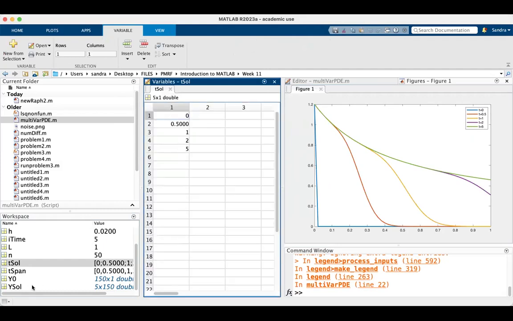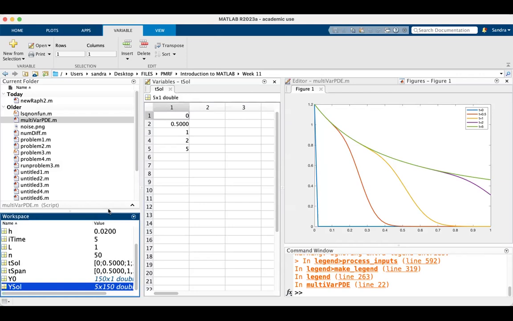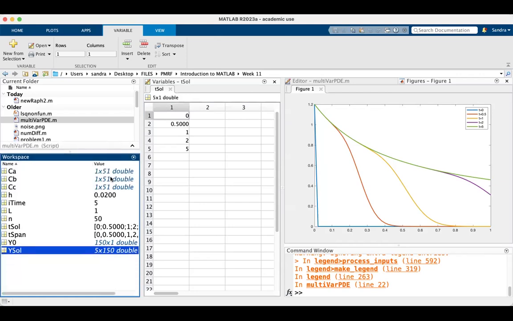Let us look at how Y-sol looks like. From here only you can see Y-sol is having 5 rows and 150 columns. We have taken 50 data points, so 50 into 3, that is 150 values we are trying to solve. And what is 5 rows? This is basically 5 rows and 150 columns.